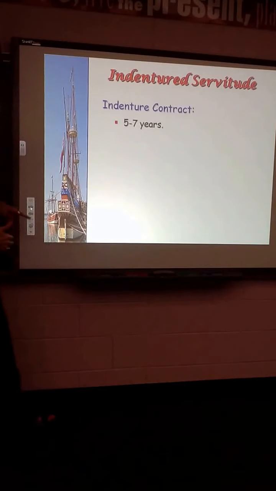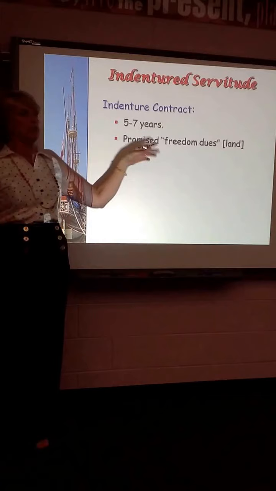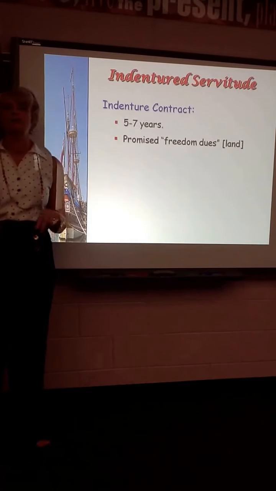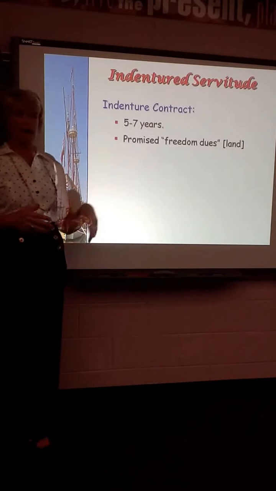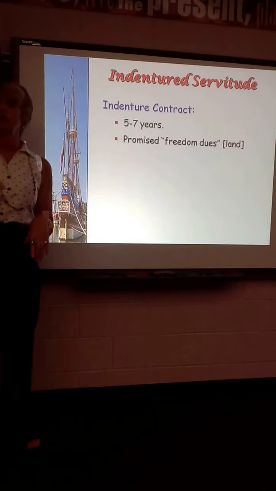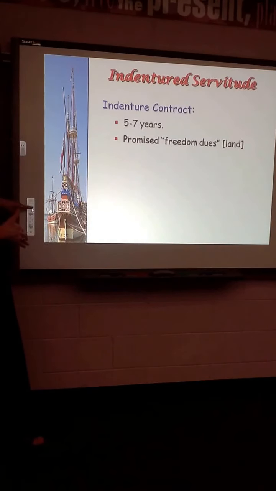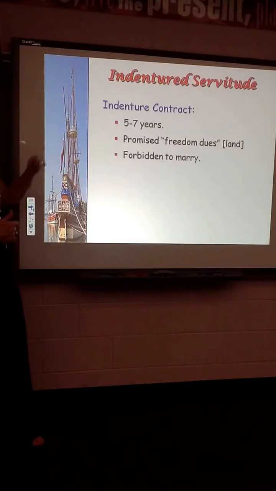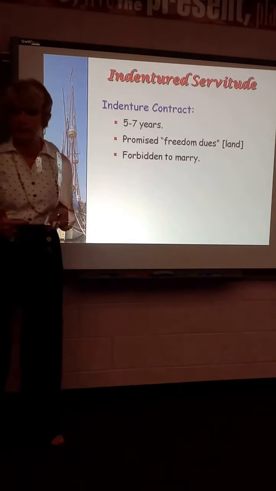You would have to work for them for 5 or 7 years. You would be promised freedom dues, or you would be promised land or money, or both, at the end of your 5 or 7 year contract. So essentially they're paying for you to come over. You have to work for them for a certain amount of years, and then you get your freedom dues. While you are indentured, you are forbidden to marry because that breaks the contract.